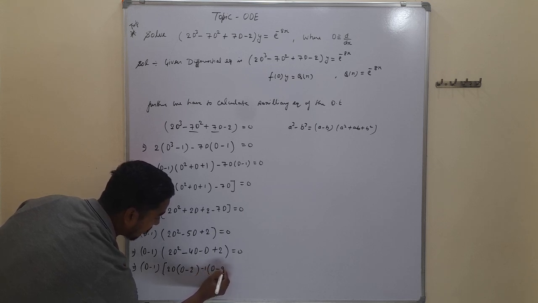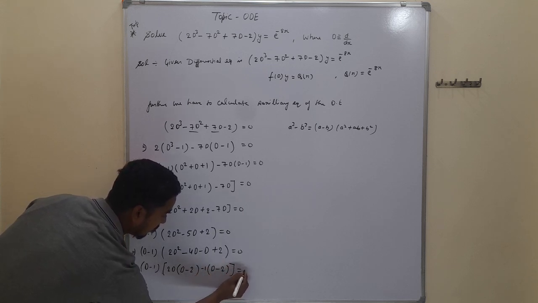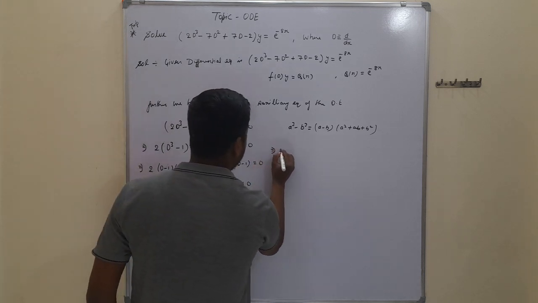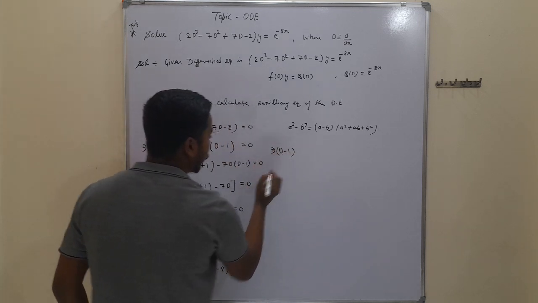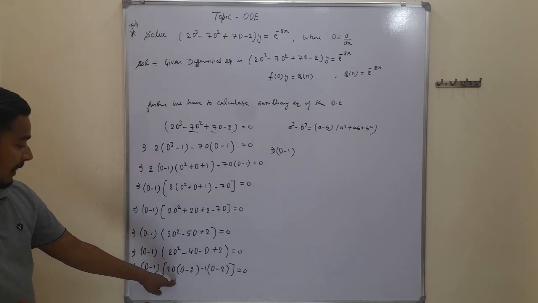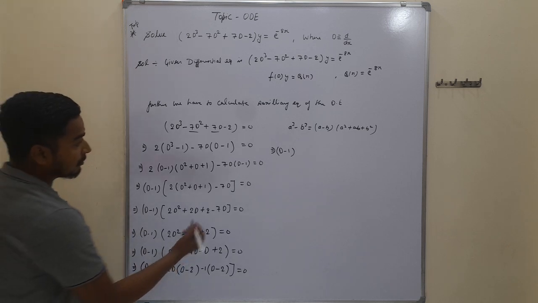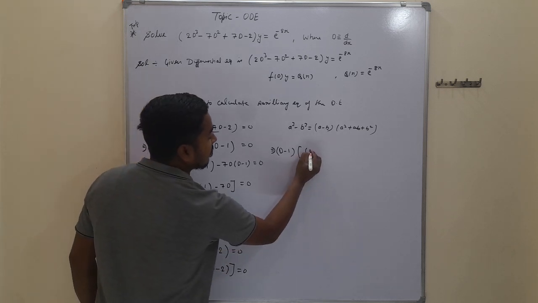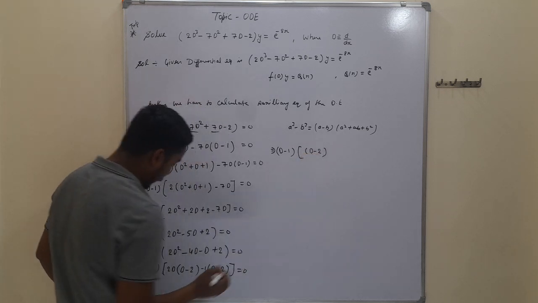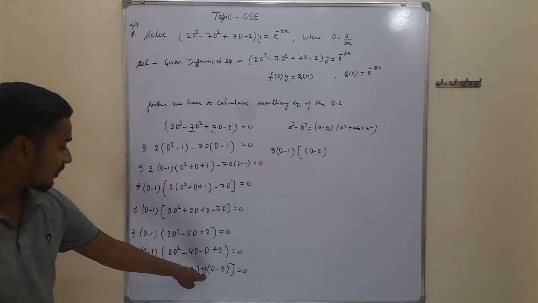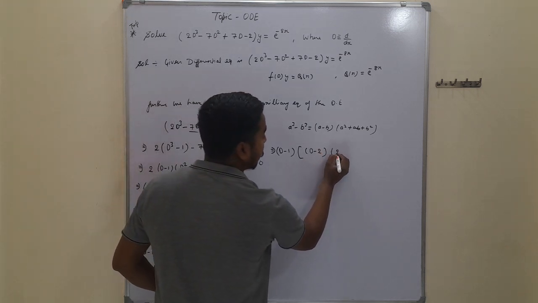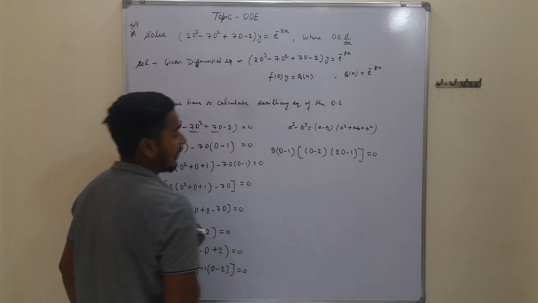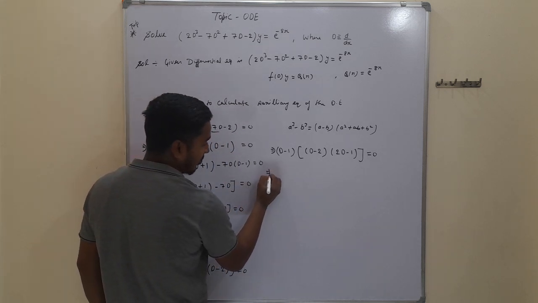From here this is written as (D − 1)(D − 2)(2D − 1) = 0, and we have to find the roots of this equation.